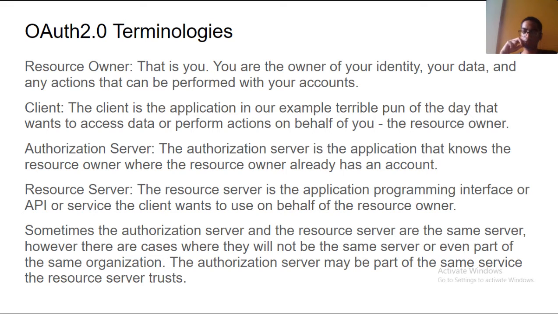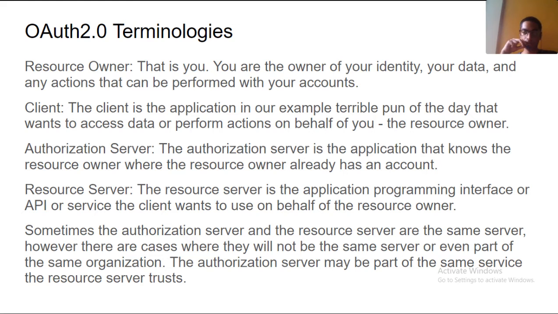So in this case, the authorization server is the Gmail service, because it is the application that knows me, it knows Abhinav, and it knows where all my Gmail contacts are, and it also knows that I have an account with Gmail. So the authorization server is the server that will allow the client to access my details. We'll go into that next.